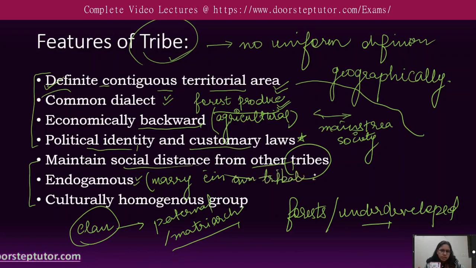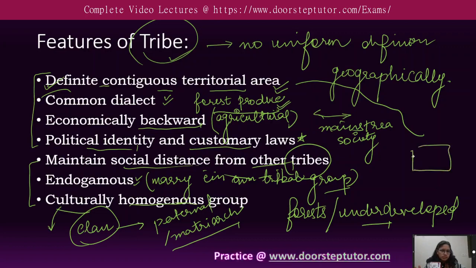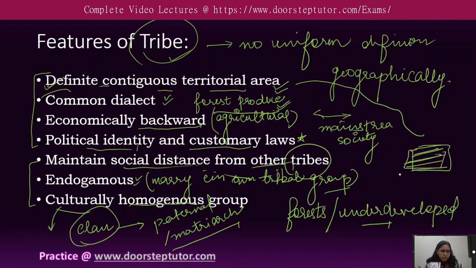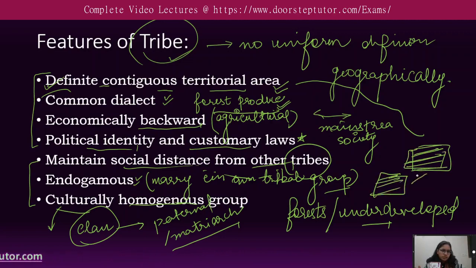Rarely has it been seen that they move to another group to marry, for either husband or wife. They are a culturally homogeneous group, which means that if a tribal area is this, they mainly have the same culture. There is no diversity within their culture. If another tribe is located here, there can be differences between the two, but not within one particular group.